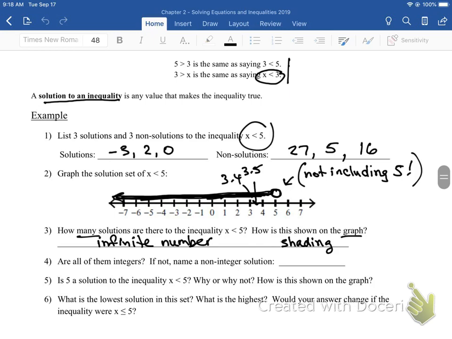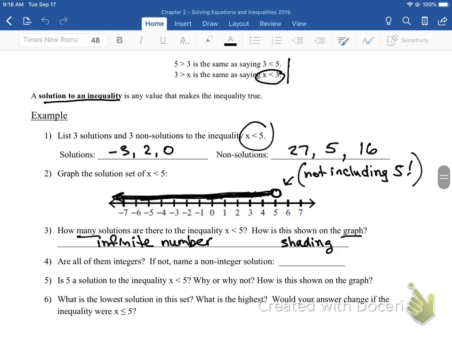Okay, so there's a bunch of them in here. Even pi's in here if you think about it, right? 3.14 is all the way in there. So I'm thinking there's a lot of numbers in here that I can't really count. And so that's why there's an infinite number and I don't bother to list them. That's what the graph is for.